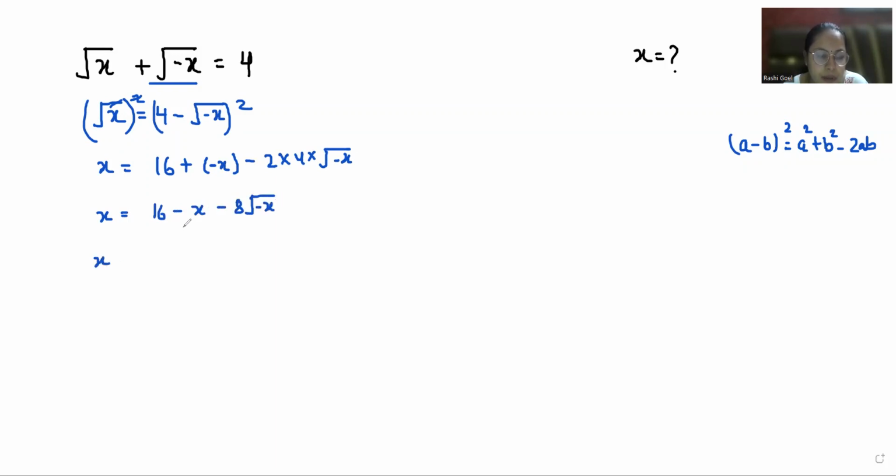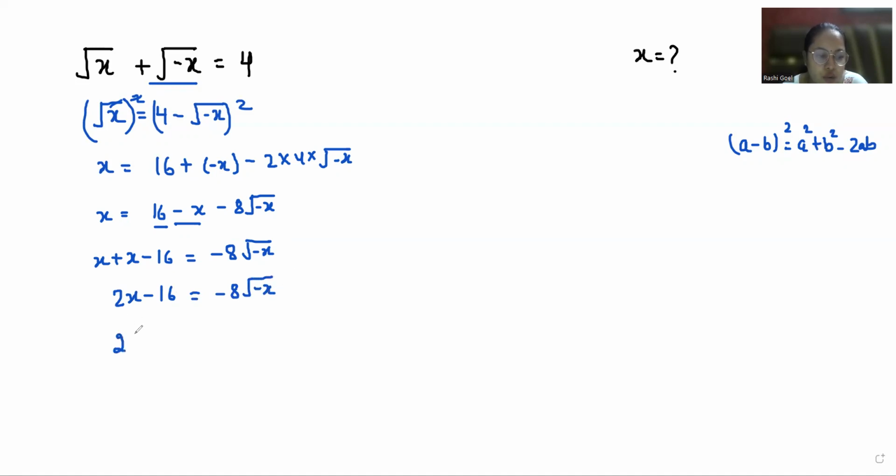So x, I'm taking this negative x to the other side, positive x, and 16 also, negative 16 is equals to negative 8 negative root x. So 2x minus 16 is equals to negative 8 square root of negative x.